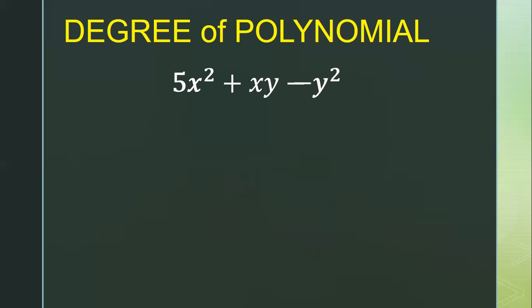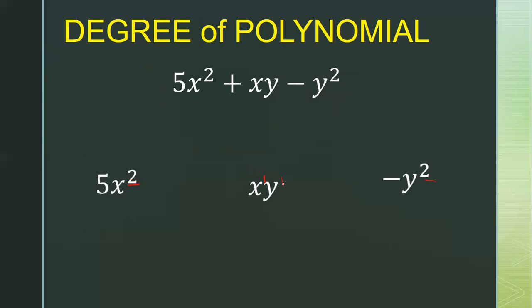Now, let us have this example. First, let us get the degree of each term: 5x squared, xy, and negative y squared. So remember, we just refer to the exponents of our variables.